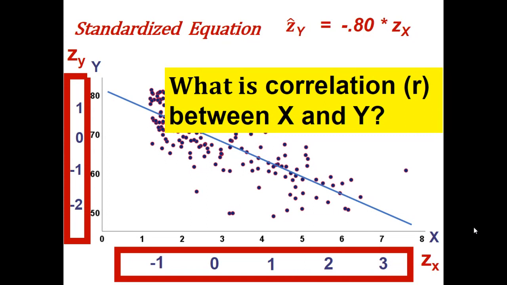I was messing with you because I haven't told you what the correlation is. But the answer is going to surprise you, and it's what's cool. The correlation of x and y is negative 0.80. It's the same as beta. And it's no coincidence that beta is negative 0.80 and the correlation is negative 0.80.